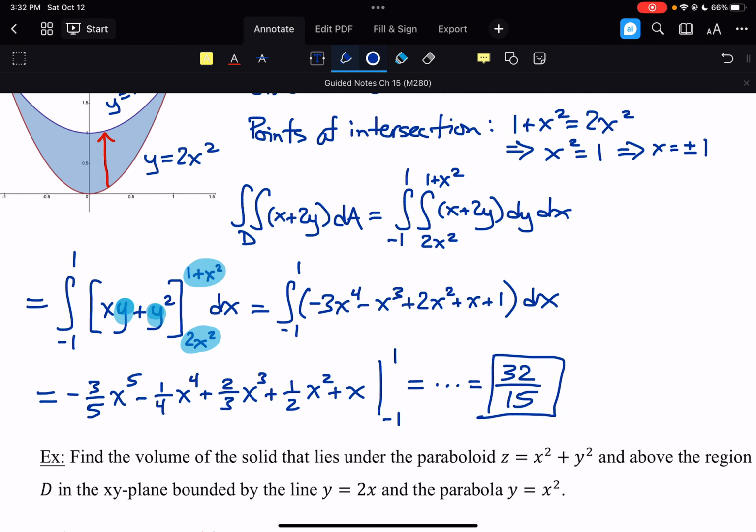So if we look for the intersection points, again, same idea. We just set them equal to each other. Subtract, factor. We end up with x is 0 and x is 2 for those bounds. So x is going from 0 to 2.